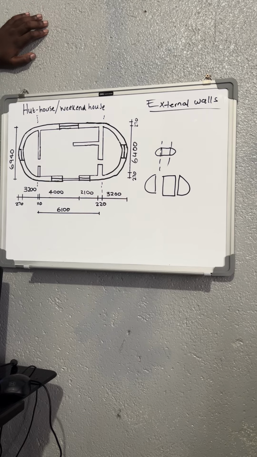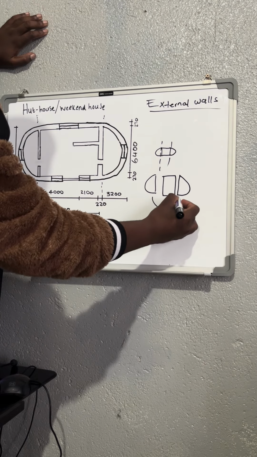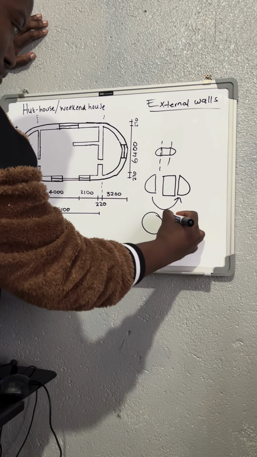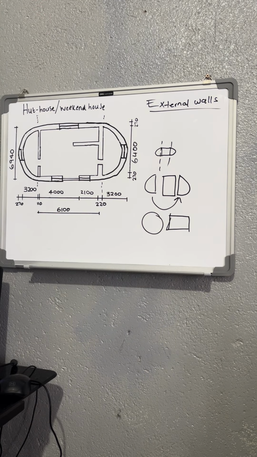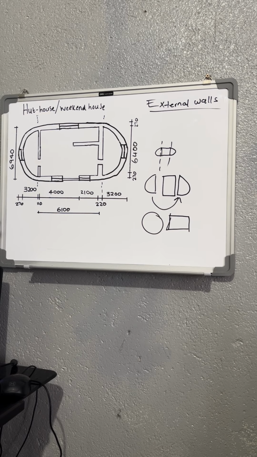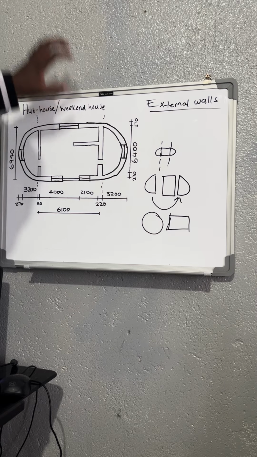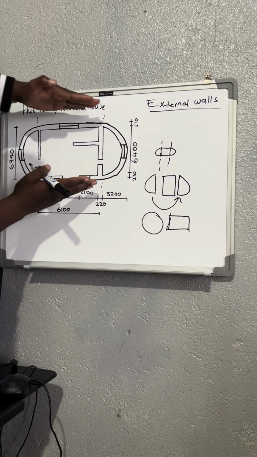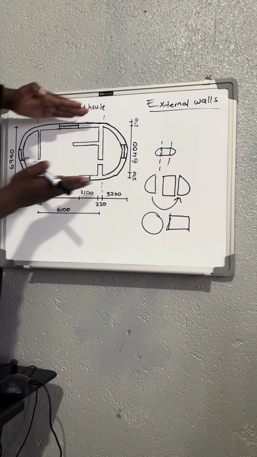And just to make your calculations much faster, if you combine these two, it means now you're going to have a full circle and a square in the middle, which is just going to be easy to calculate. But now you have to be careful. Remember, we are calculating the brickwork on the external part. So when we are coming to this square in the middle, we're only going to be calculating these walls only.